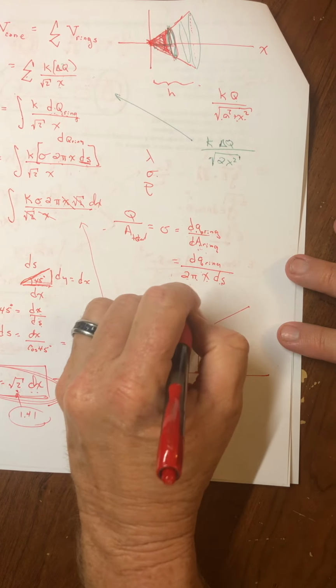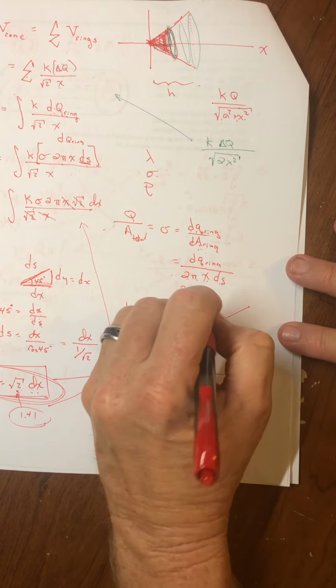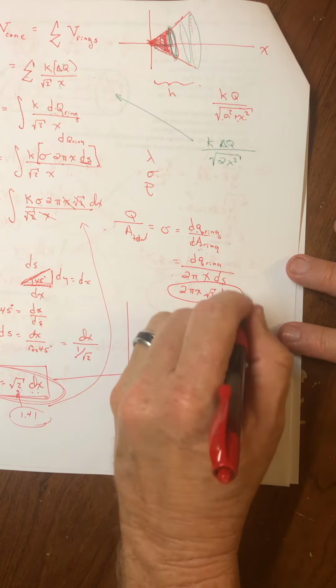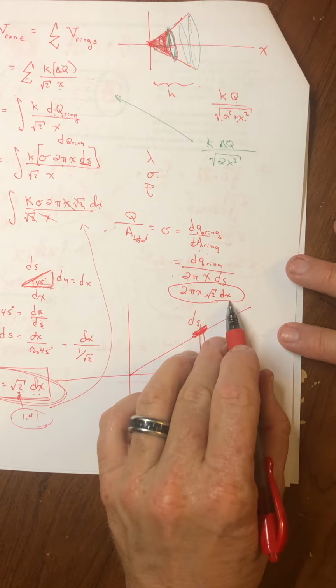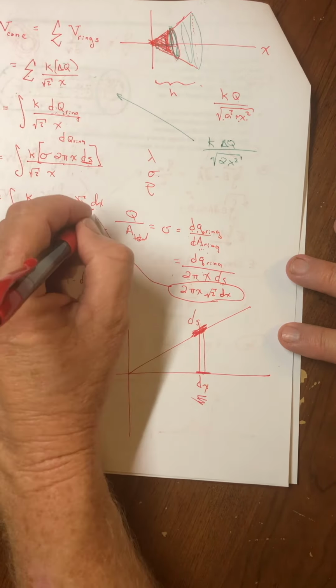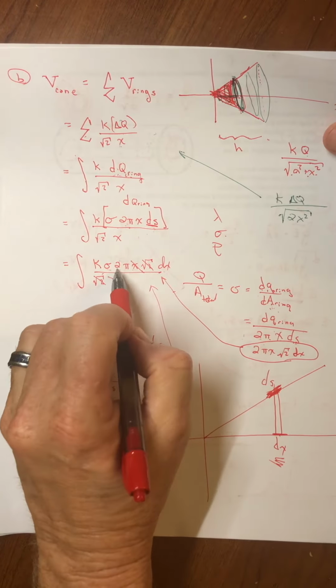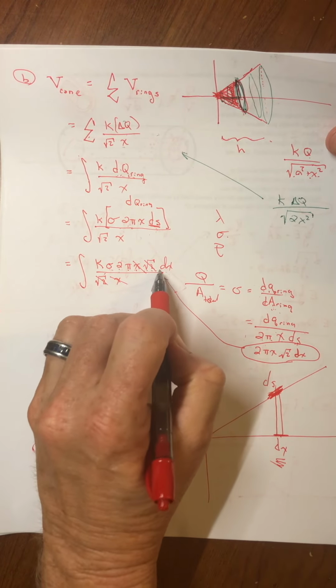So that would be a 2 pi x, and then the square root of 2 dx. So I could have done that substitution right there and put it in, and of course got the same thing. And that's where that 2 pi x square root of 2 dx comes from.